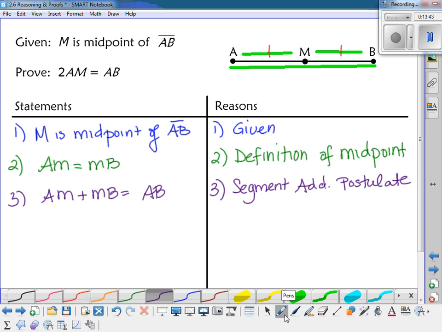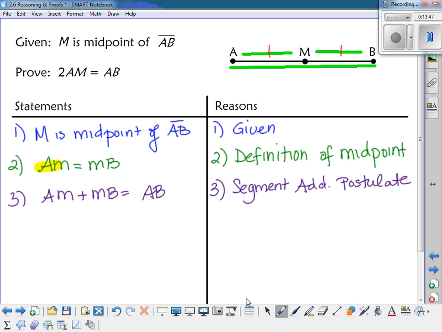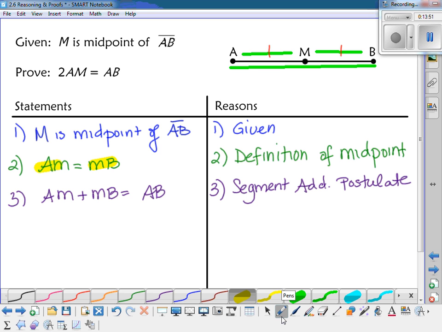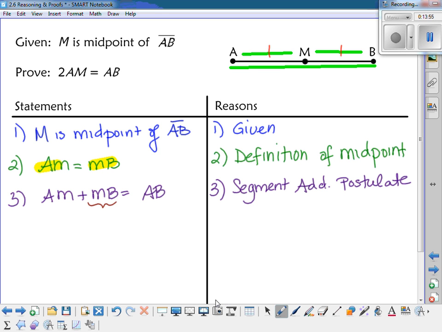All right, so now, because I said that AM was equal to MB, where MB is, instead of writing MB, I can write AM. So to get from step 3 to step 4, what did I do? I put something in place of something else.